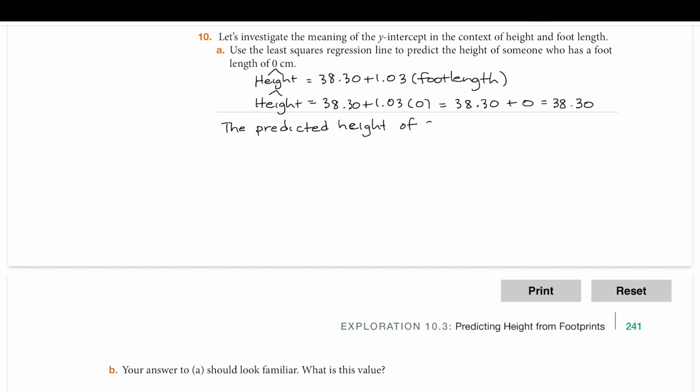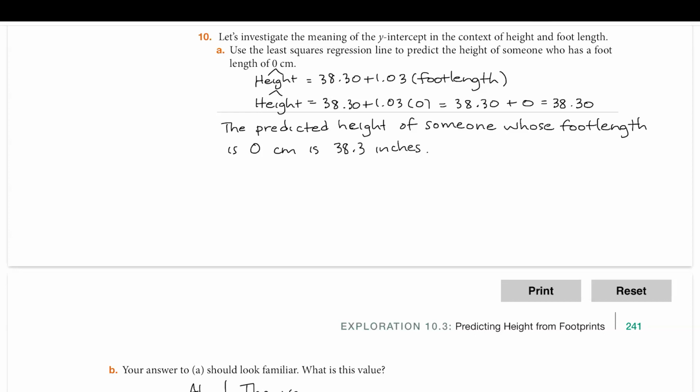So the predicted height of someone whose foot length is 0 centimeters, and this is how you would interpret your result, is 38.3 inches. Well, what does that mean?